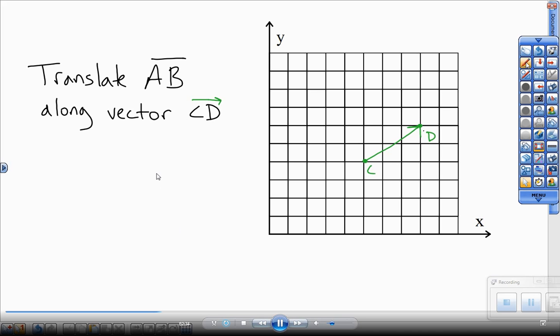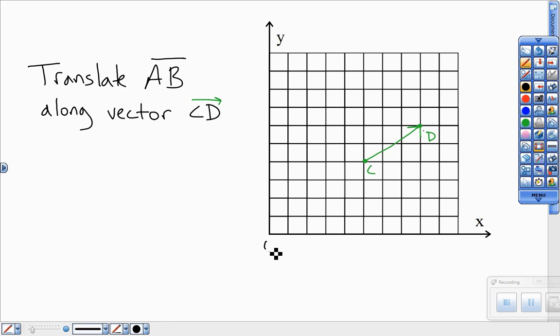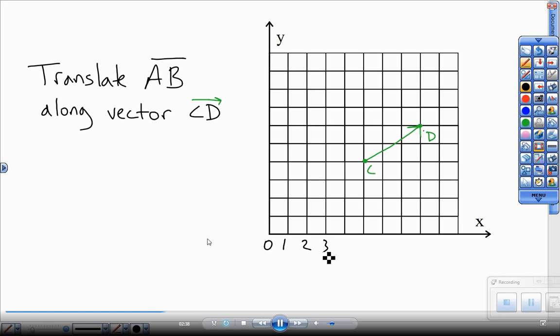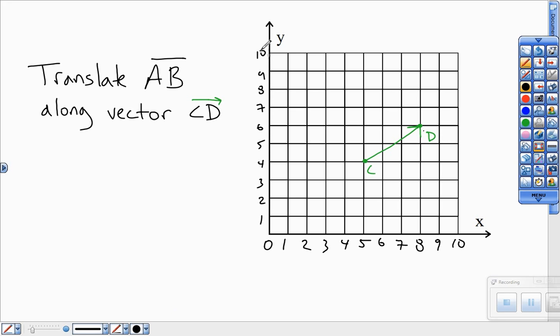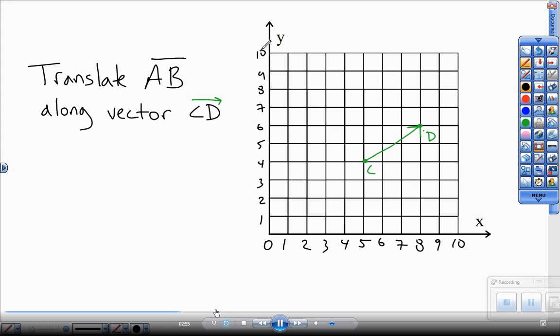So for this one, for today's homework, I'm having you put the point A, B, and again, not so worried about the x and y coordinate numbers at this point. So when I plot AB, I'm going to put A at 1, 6, and the other one at 2, 4. So A is 1, 6, B is 2, 4.